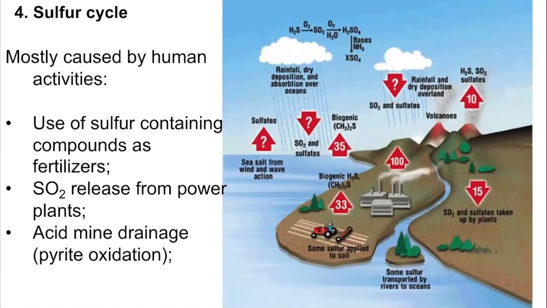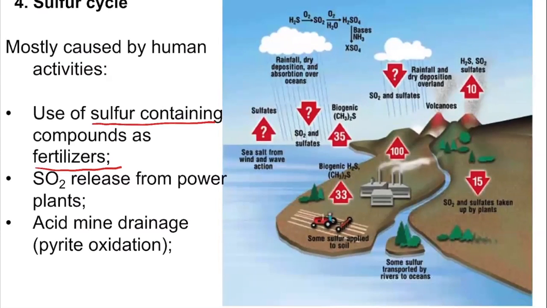For example, the use of sulfur-containing compounds, for example, the fertilizers. And there can be sulfur dioxide emission from the power plant. So basically all the fossil fuel combustion, let's say even your car engine, right? There can be some trace amount of sulfur in the gasoline and then further pollute the atmosphere, all right?